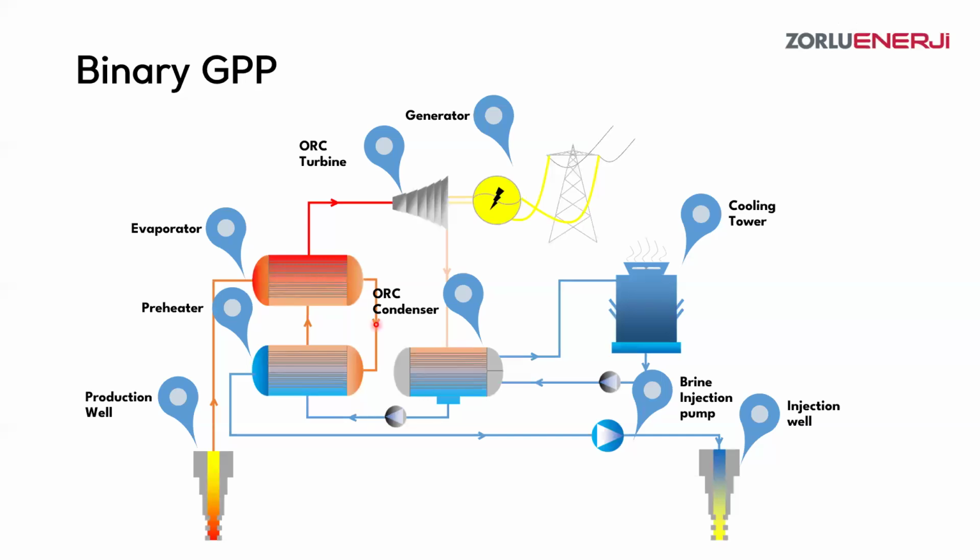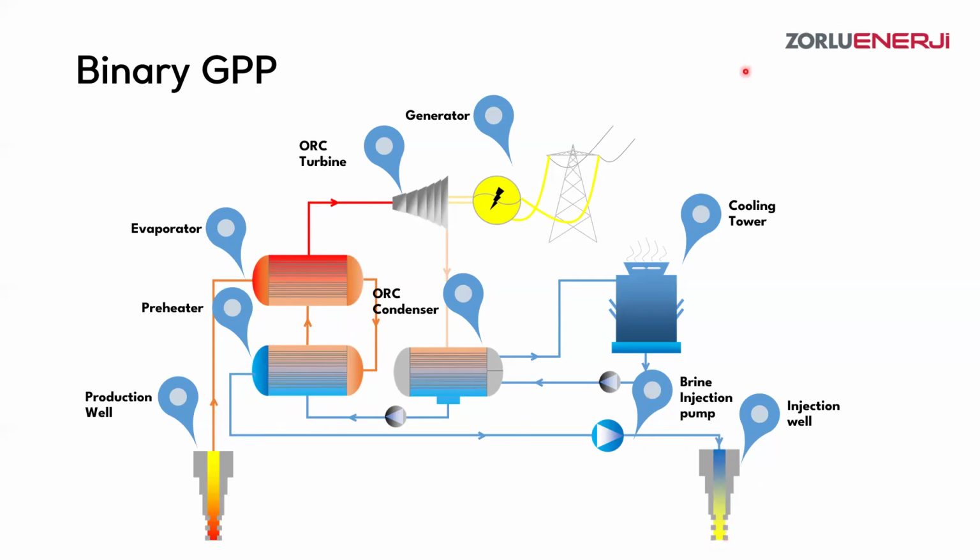First in the evaporator, and after the heat transfer in here, it goes into the preheater and gives the remaining heat to the liquid phase of the binary fluid. And after that heat transfer, the remaining water goes into the injection well pump to the reservoir from there.